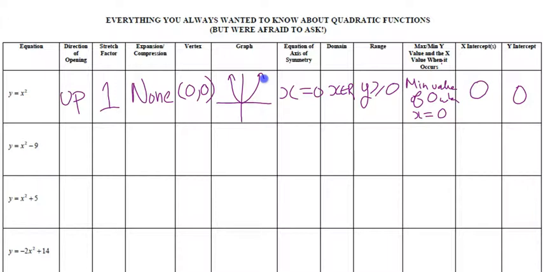The x-intercepts are the values of x where the graph crosses the x-axis, and the y-intercept is the value of y where it crosses the y-axis. How many x-intercepts could there be? 1, 2, or none. How many y-intercepts are there? Exactly one. You will always get a y-intercept.